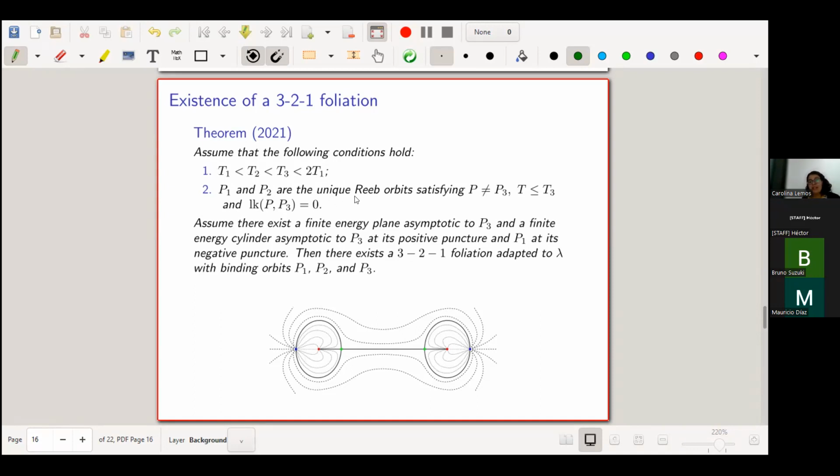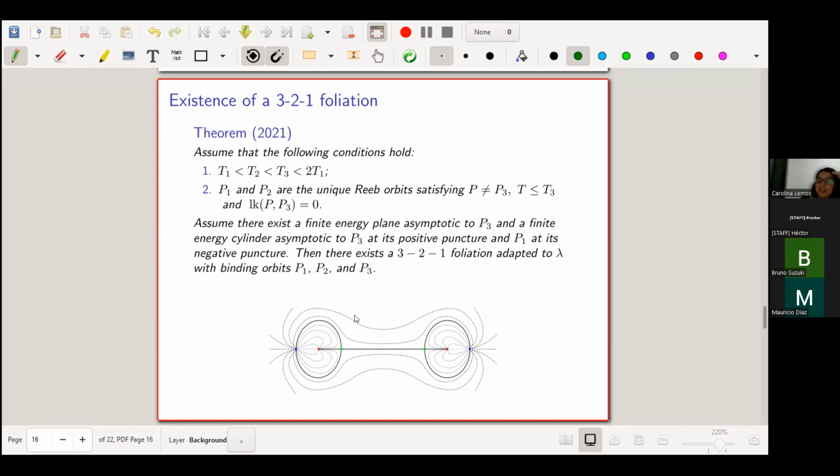And if you assume that P1 and P2 are the unique heavy orbits that are different from P3, with periods smaller or equal than that of P3, that are not linked to P3, it means that if you take any orbit, either it is linked to P3 or it has big period, basically, except for P1 and P2.